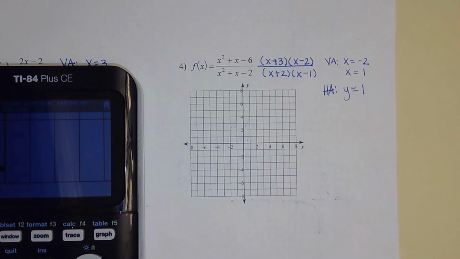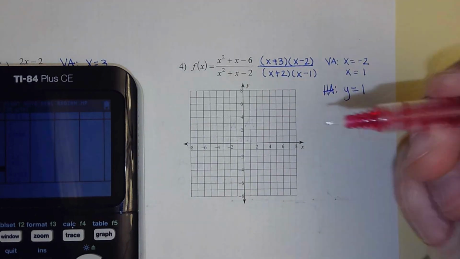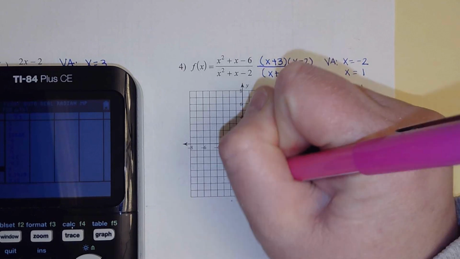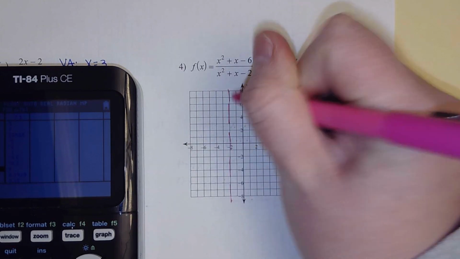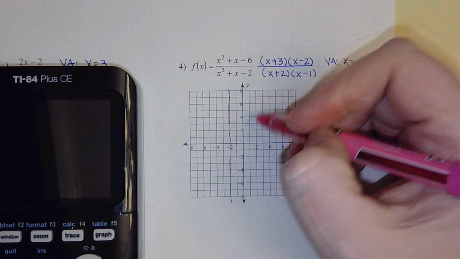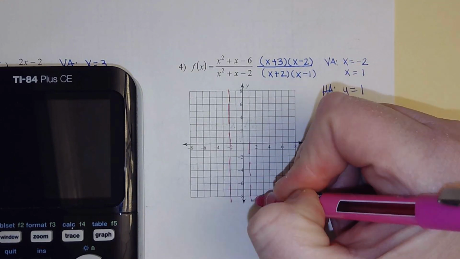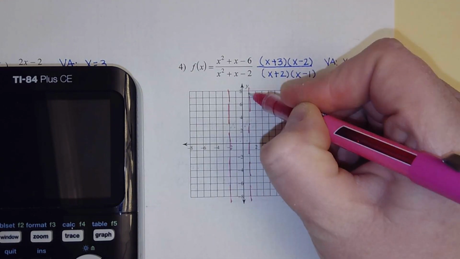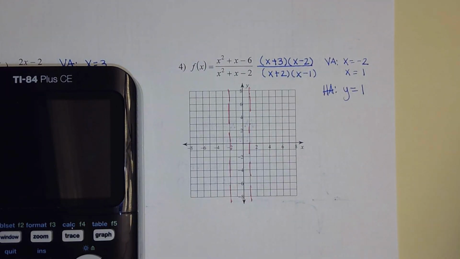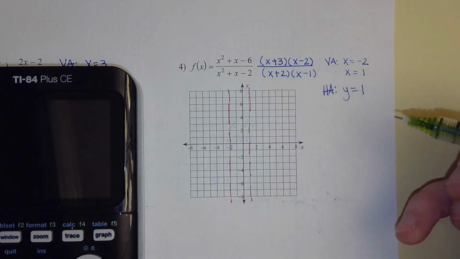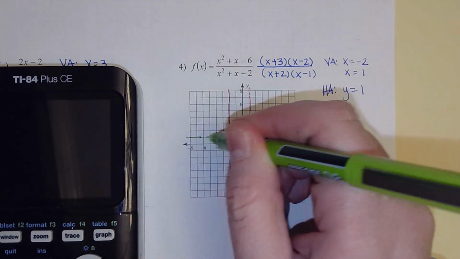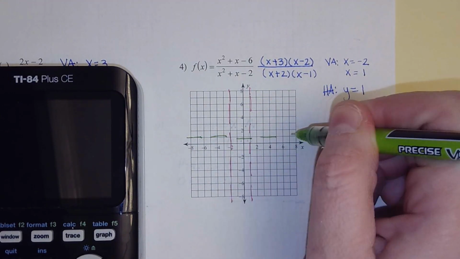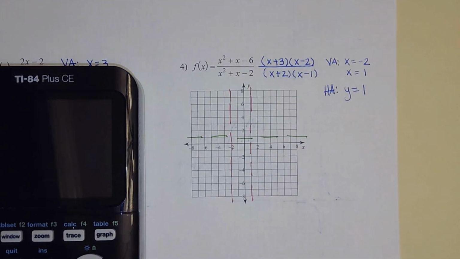So graphing those same items, I will graph at -2 and 1. And then my horizontal asymptote is at 1. And what I'm going to do is plug this into my calculator.